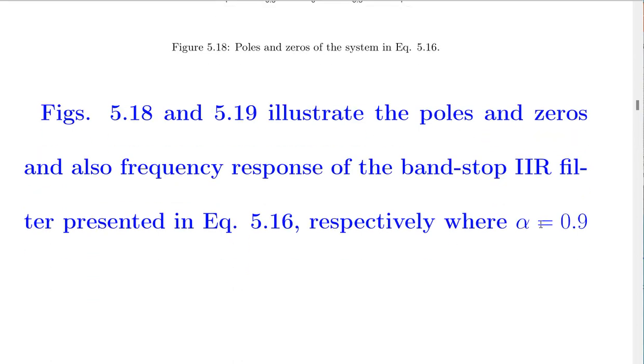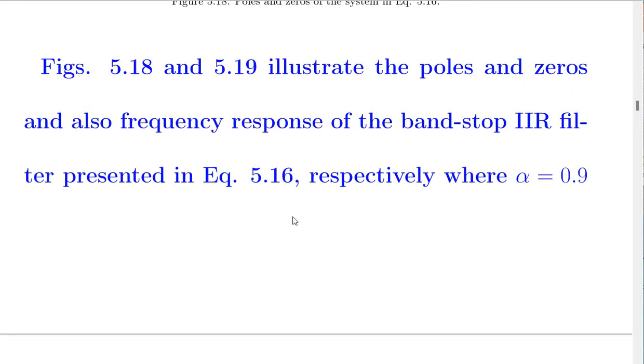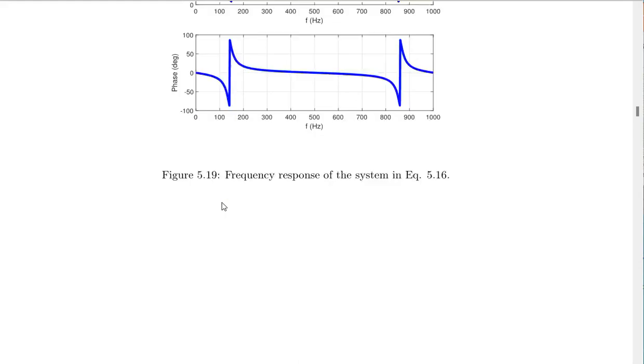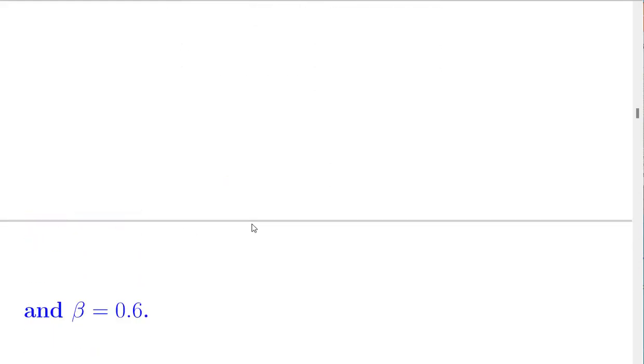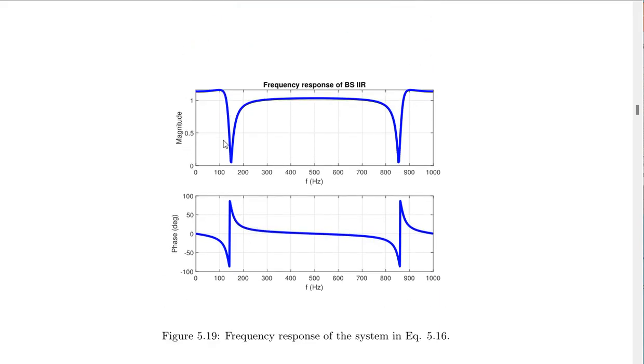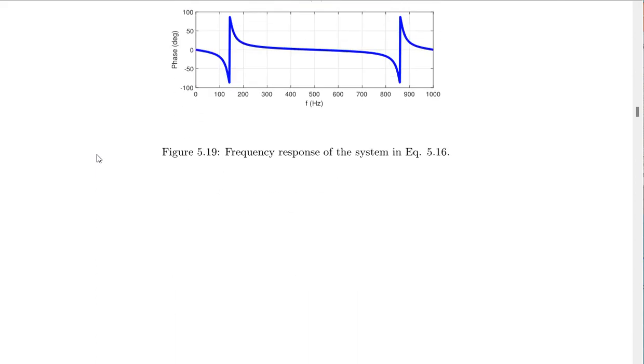Alpha is equal to 0.9 again, and beta is similarly 0.6. Here you see that the middle range frequencies have no right to pass, so it's band stop, stopping middle range frequencies to pass.